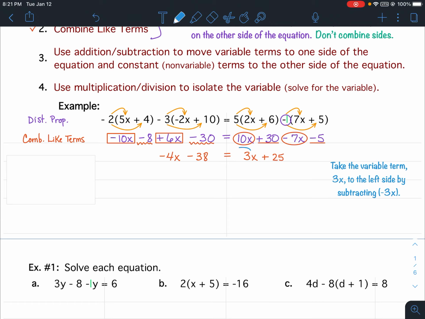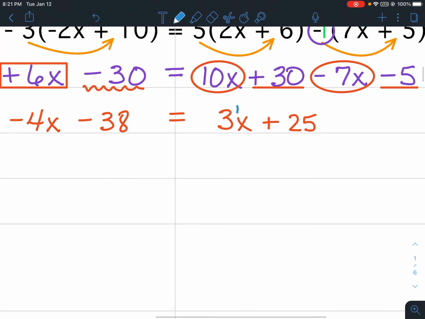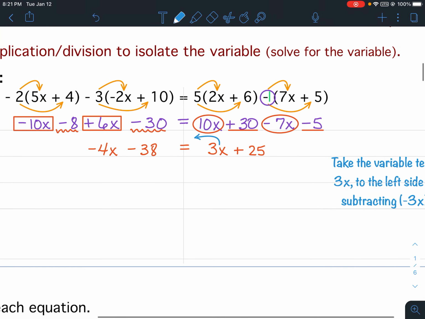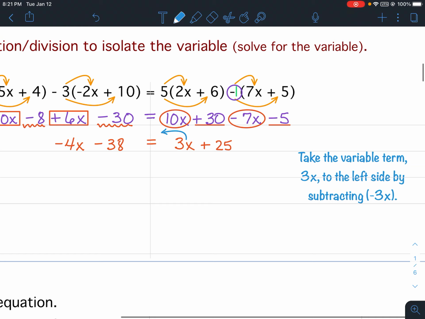Let me zoom in here. I want you to draw that arrow like that. So I want to take the 3x to the left side of the equation by subtracting it. So I'm going to subtract 3x from this side, and I'm going to subtract 3x from this side.